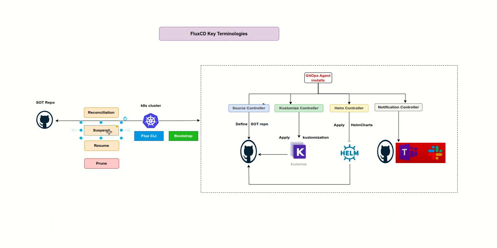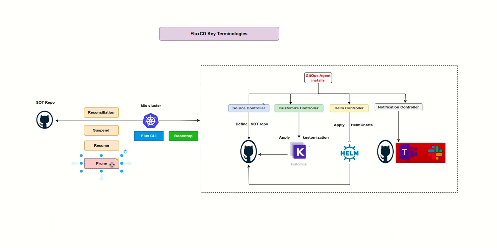Suspend is if we want to suspend the reconciliation, if we want to suspend the pull of this system, then we can do so using the suspend command, like flux suspend. If we want to resume this process, then we can use the resume command.